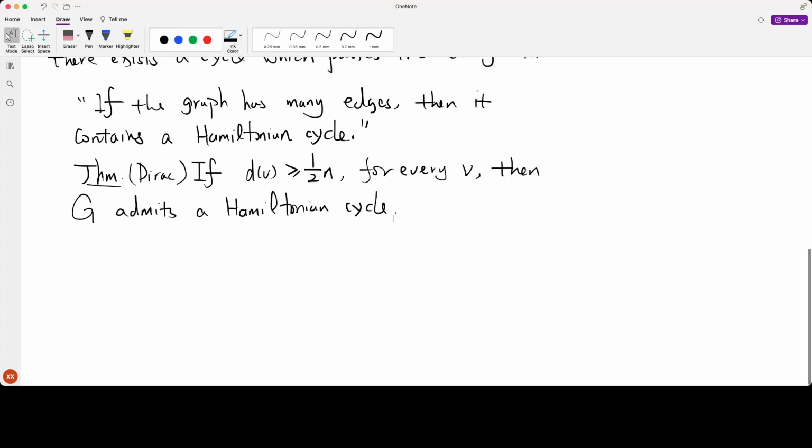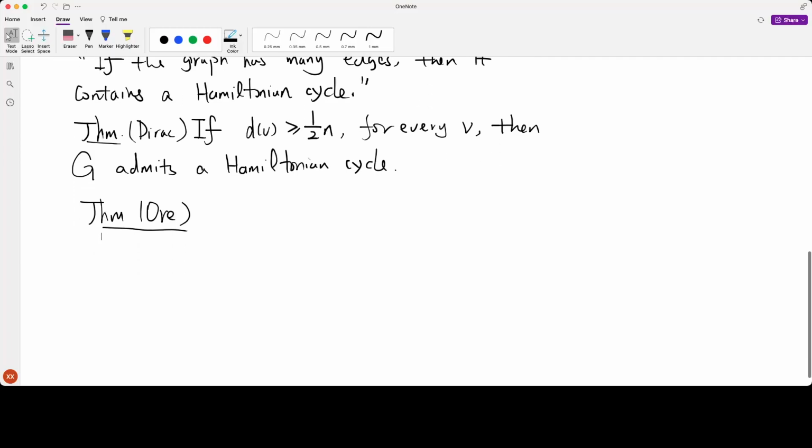We are going to prove something a little stronger than this, and in practice it is kind of interesting in its own right. So usually this is called Ore's condition. There are many similar theorems that put similar conditions.